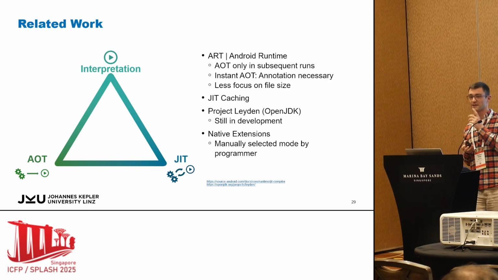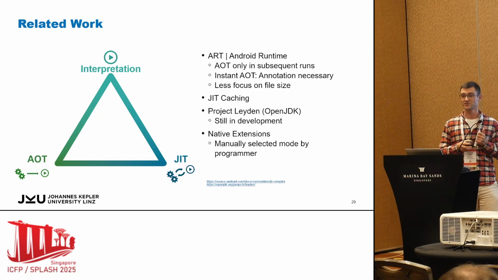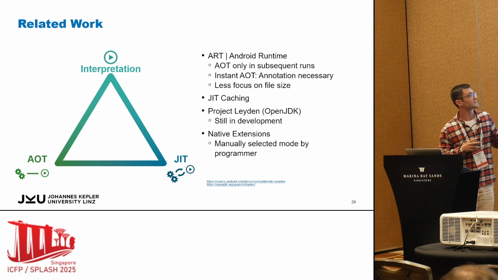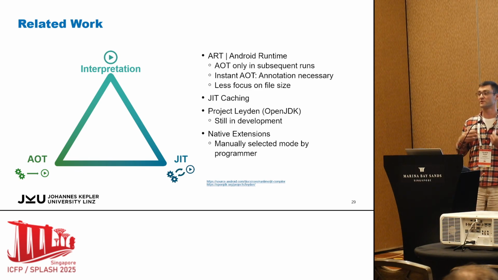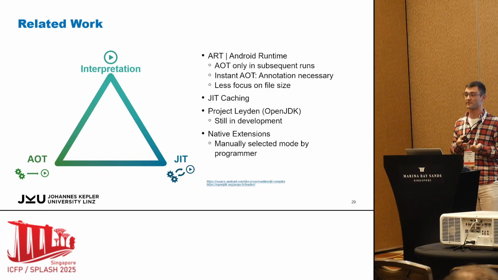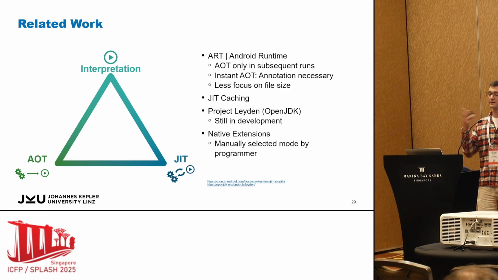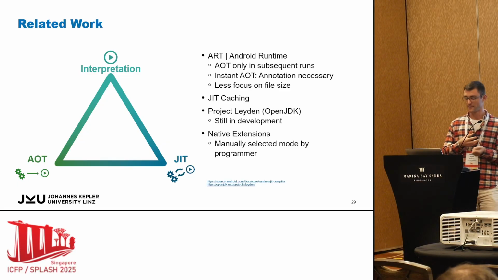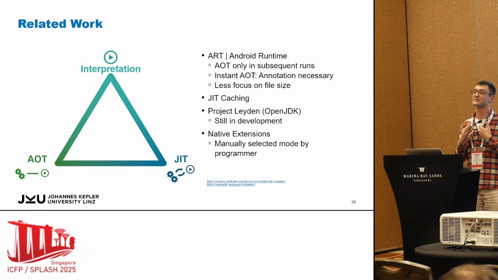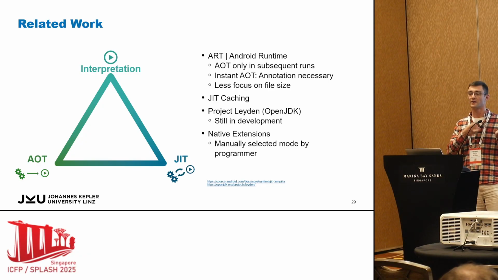And maybe some of you have also thought about native extensions, where different execution modes are mixed. The thing about native extensions is that the execution mode is selected manually by the programmer. So for example, if you think about Python and C, where those languages are combined, as a programmer, you decide by the programming language how it is executed.